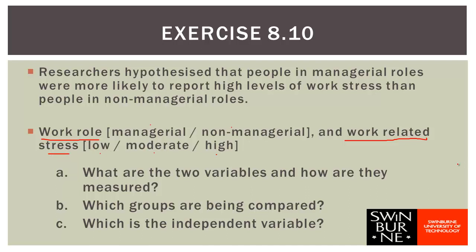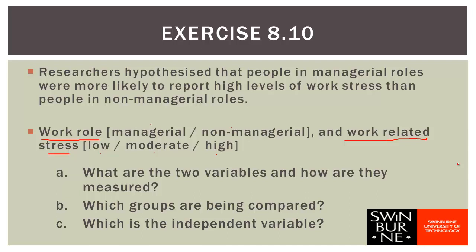Really important when you're identifying independent and dependent variables. So we've got our two variables, both categorical. Which one is the independent variable? We're saying that your work stress is going to depend on your work role.